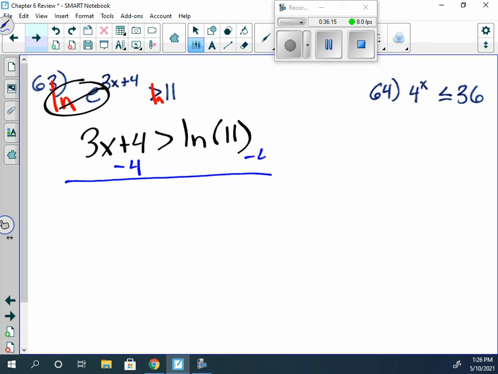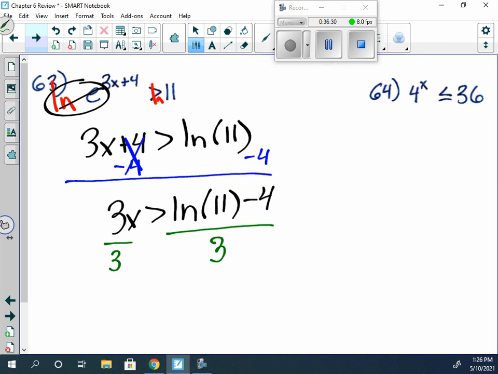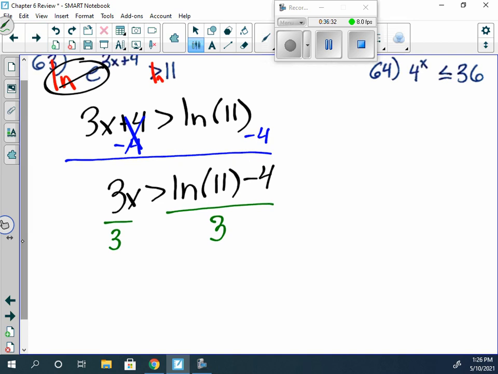Subtract 4 from both sides, and then divide by 3. That tells me x is greater than ln of 11 minus 4 divided by 3.